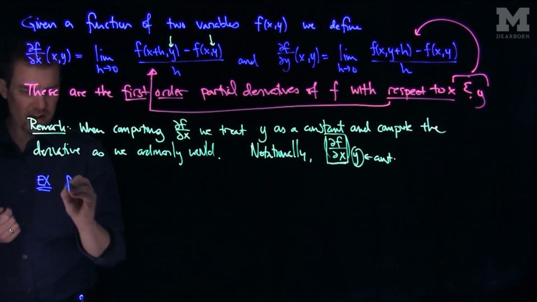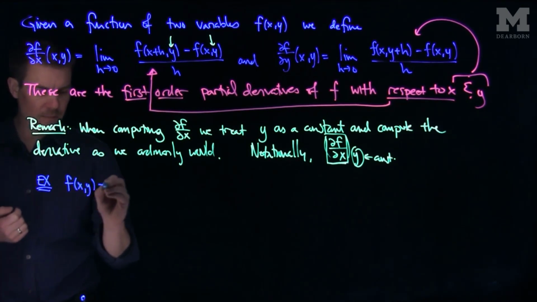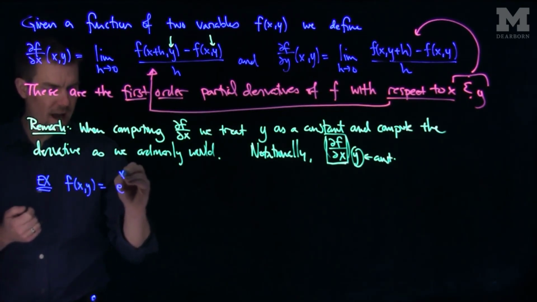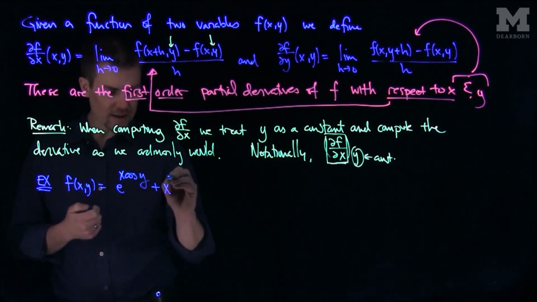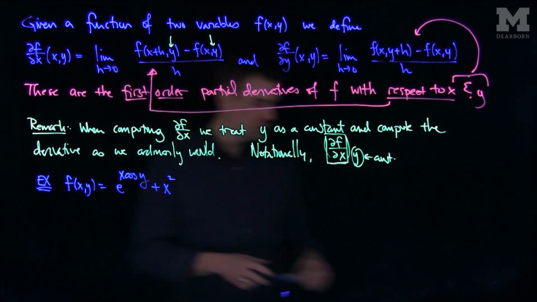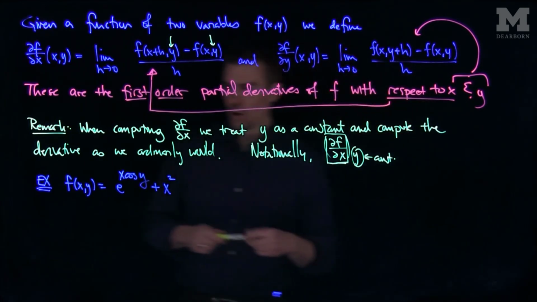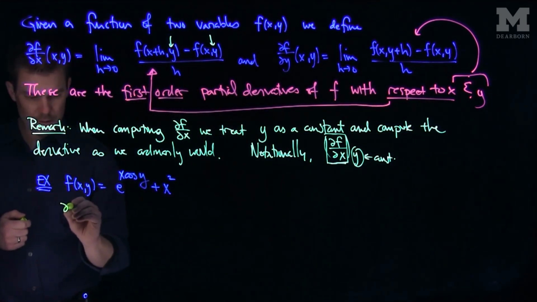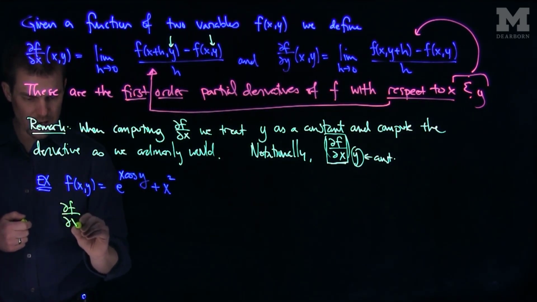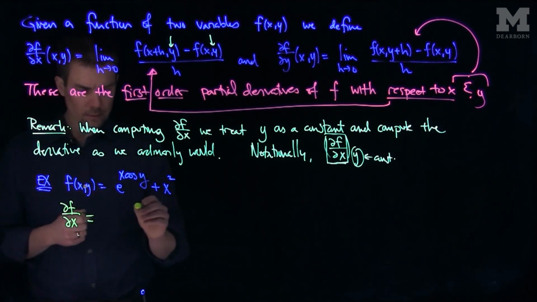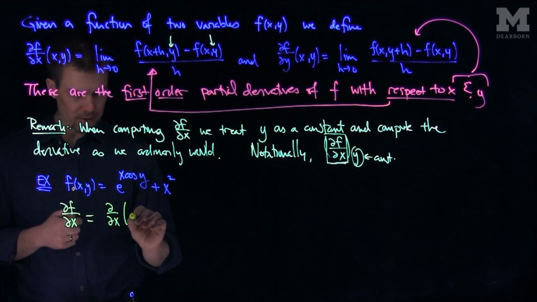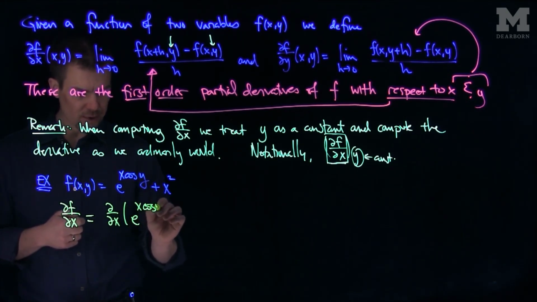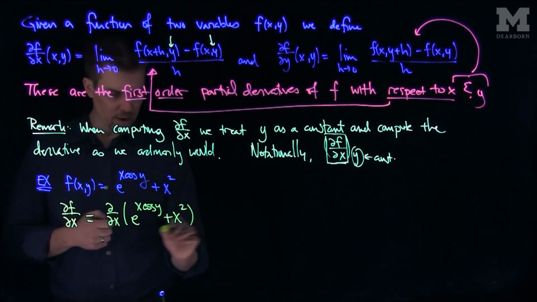So for example, if my f of x y was e to the x cosine y plus x squared, we could find partial derivatives of this function. Partial f partial x would be the partial with respect to x of e to the x cosine y plus x squared.